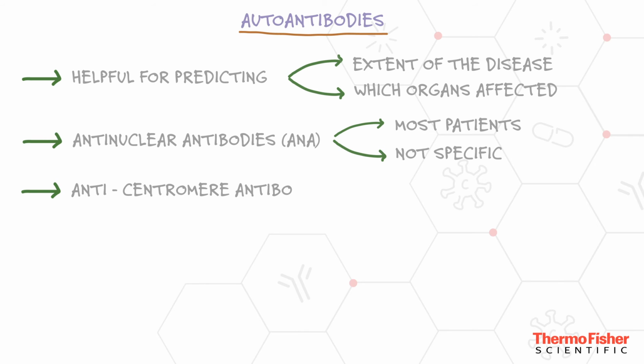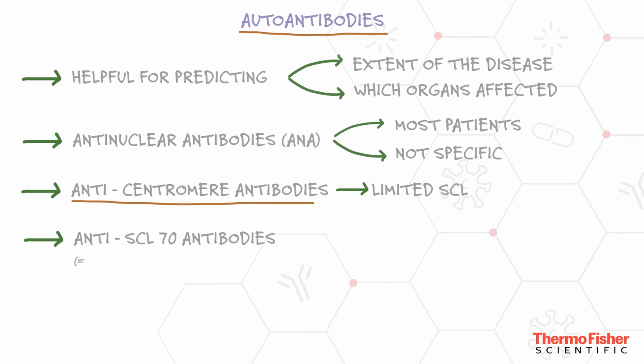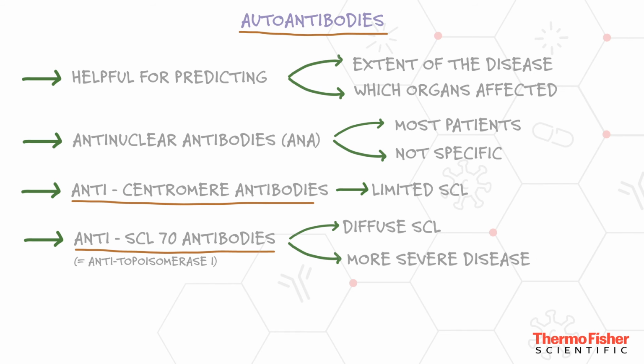Anti-centromere antibodies are mostly associated with limited cutaneous systemic sclerosis. Anti-SCL70 antibodies, also called anti-topoisomerase I, are mostly associated with diffuse cutaneous systemic sclerosis. They are associated with more severe disease. Anti-RNA polymerase III antibodies have a prognostic value.